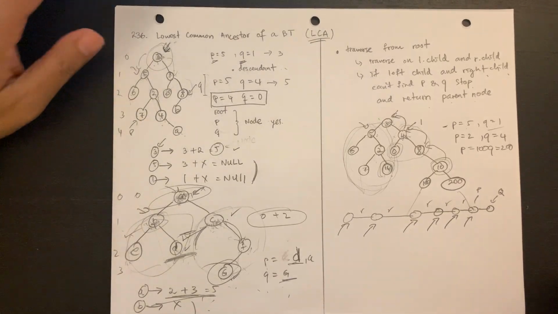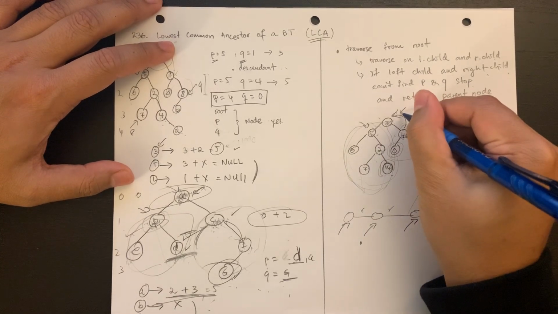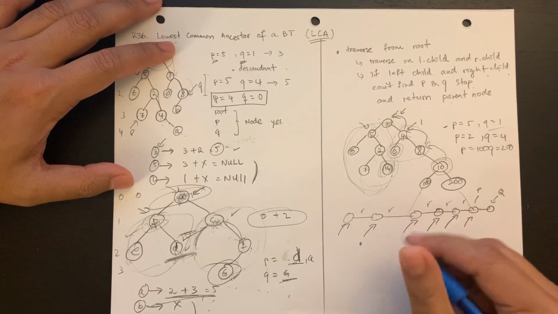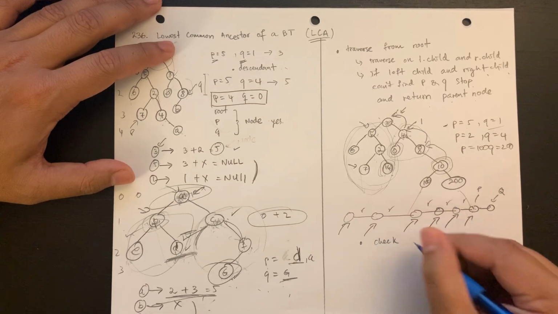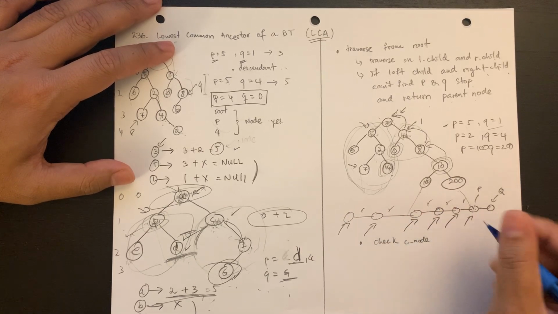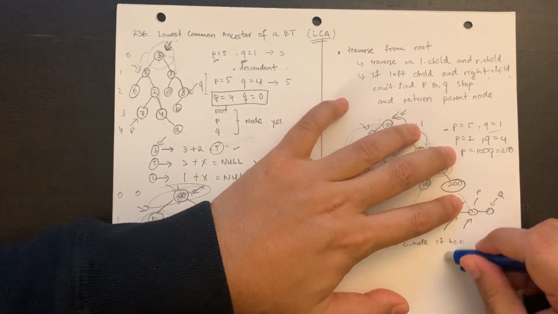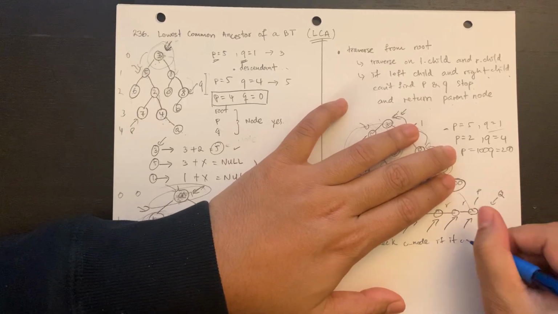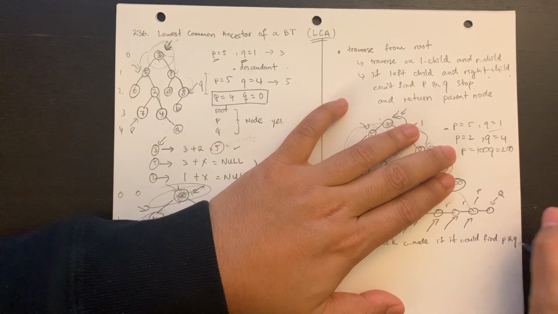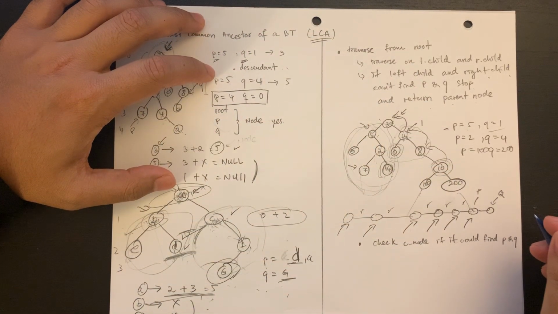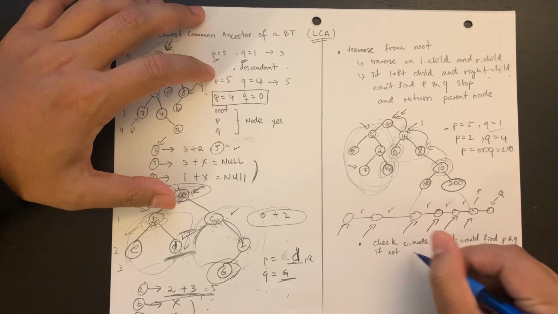Let's write pseudocode for this one. So let's call this check current node, if it could find P and Q. If not, return null.